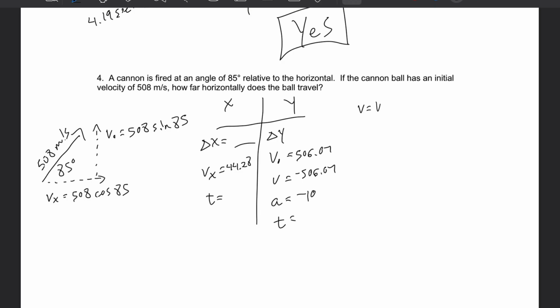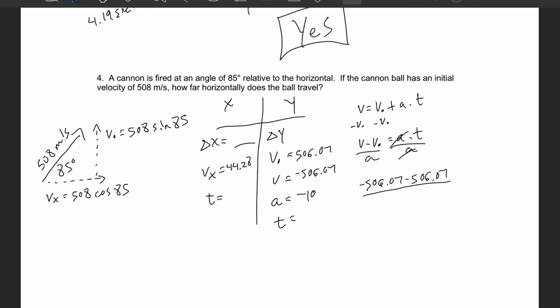Now in this case, the cannonball is going to travel and land at the original position, so we can say that the final velocity is negative 506.07, same as the initial but opposite direction. Here we're going to solve for time so that we can solve for delta x. We're going to use VOTAT to solve for time. V equals V naught plus a times t, rearranged on the screen for you.